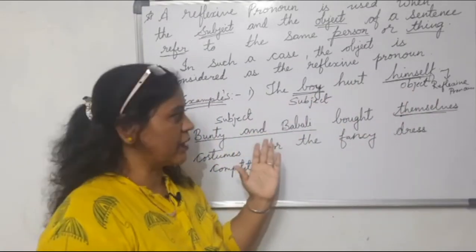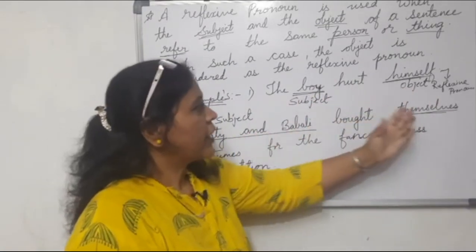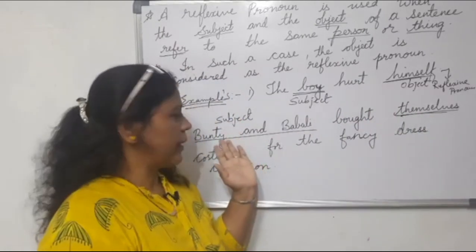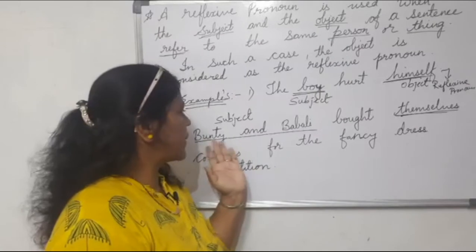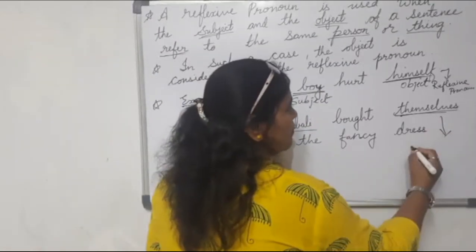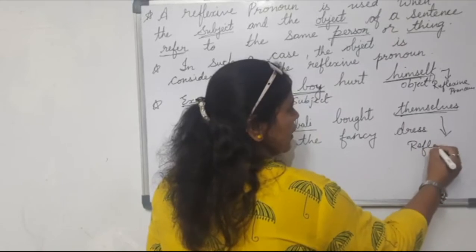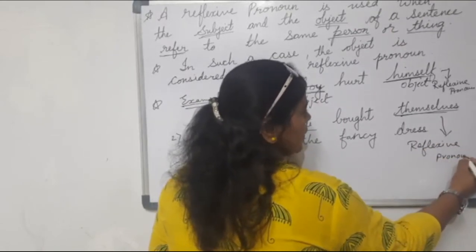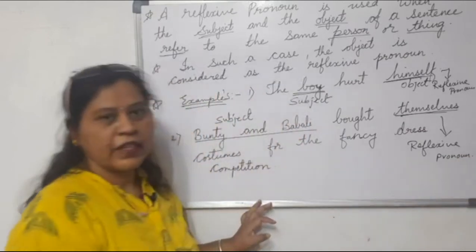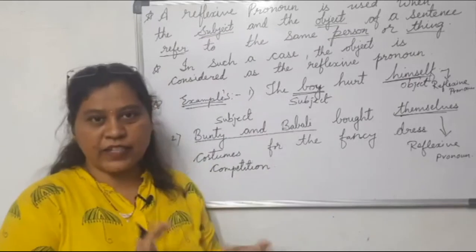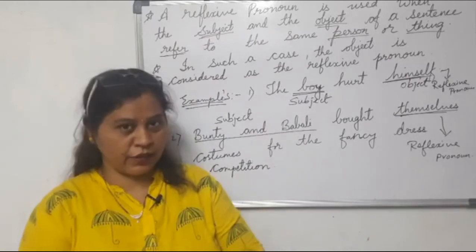They are the same people, two people. So themselves acts as a reflexive pronoun in this sentence. Got it? We'll see some more rules and logic for where this reflexive pronoun is used and where it is not used.